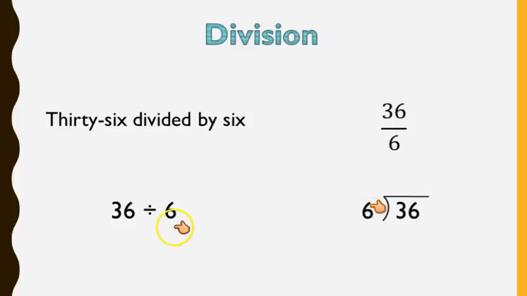So this is really important to remember because this is the first mistake students make when they begin to divide, is they put the numbers in the wrong place. So it looks like this, 36 divided by 6, but once you put it underneath this, you're going to read it this way. 36 divided by 6. So make sure you put the numbers in the right place.